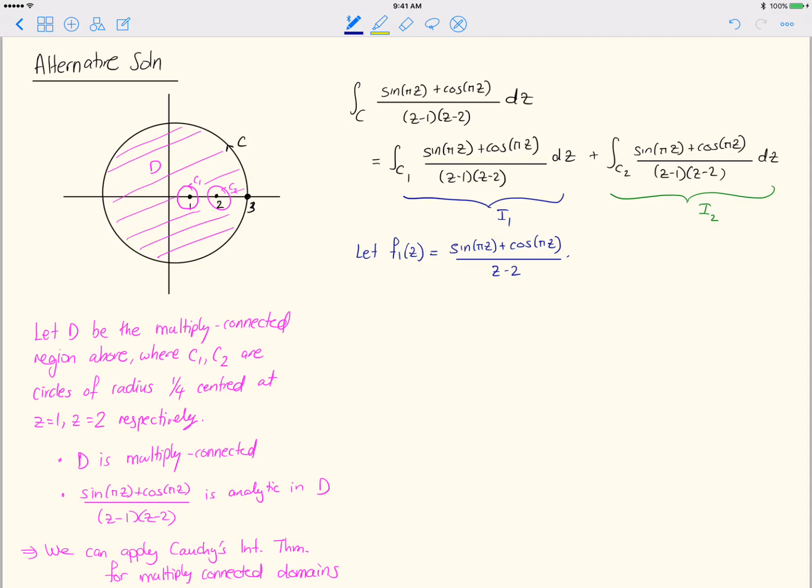So f1 is analytic inside and on C1, and obviously z equals 1 is interior to C1, it's its center. So therefore I can apply Cauchy's integral formula.